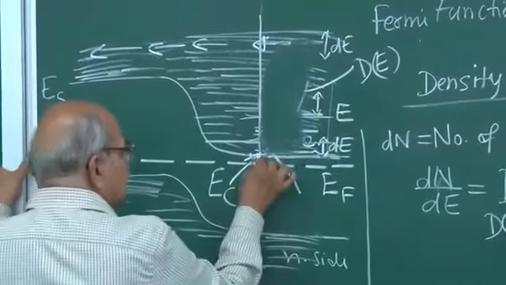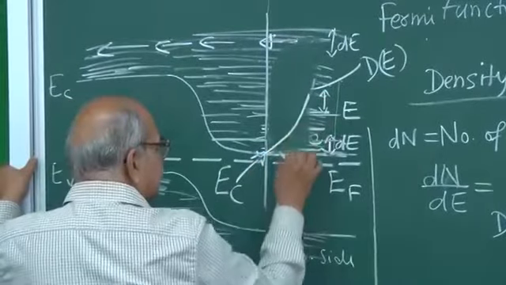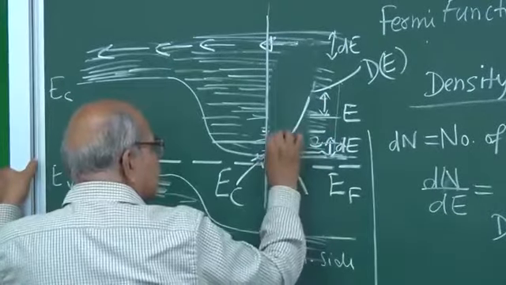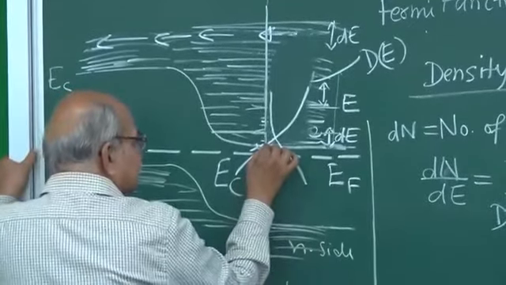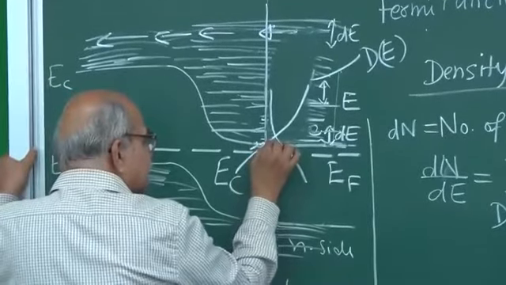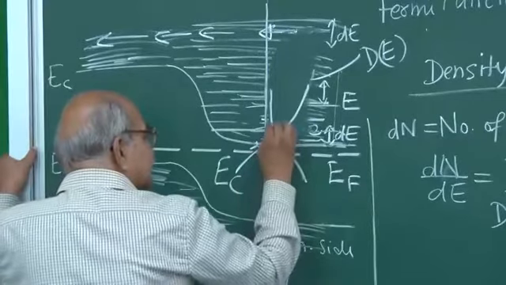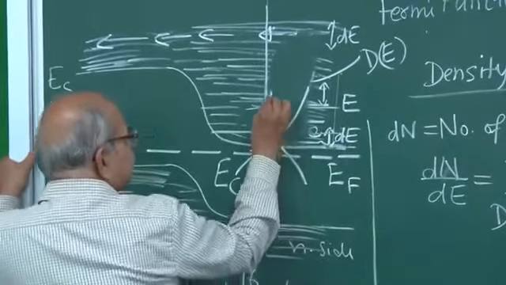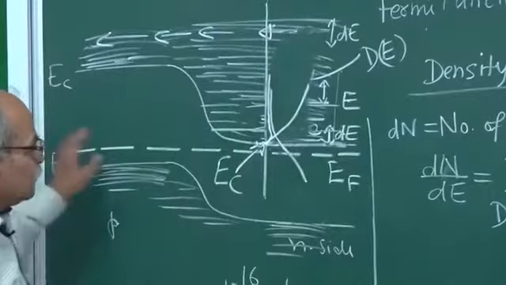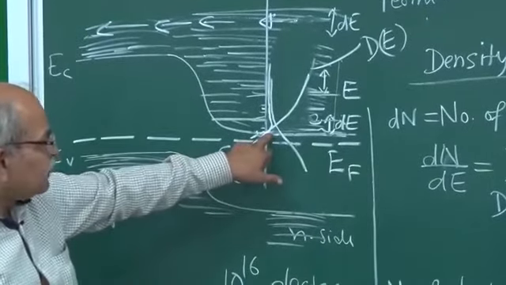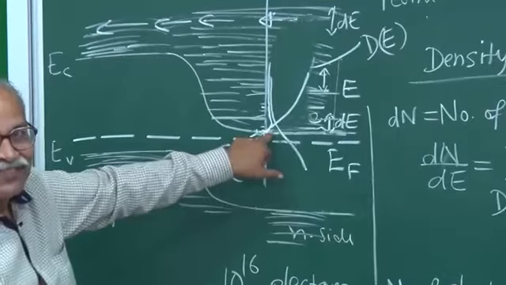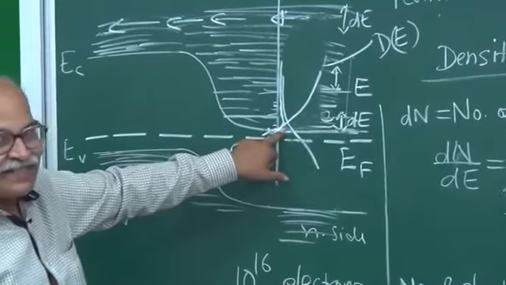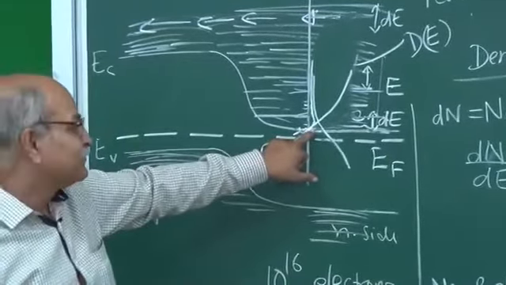So one function is going like this, another function is going like this, and when you multiply them, what you get is some kind of a function which maximizes and then it decreases. Right at the bottom you do not have the maximum number of electrons, because the density of states is very, very small here.